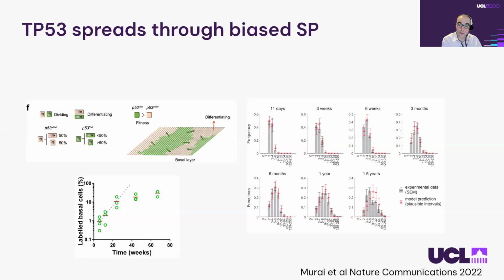When we build a model in this way, we find that the model is capable of describing the observed data, both in terms of the global takeover of the mutated clones, but also in terms of the specific clone sizes, the number of clones we find of different sizes. So a simple modification to the single progenitor model where we suppress differentiation is sufficient to describe the P53 behavior.